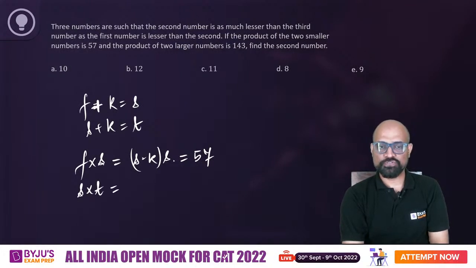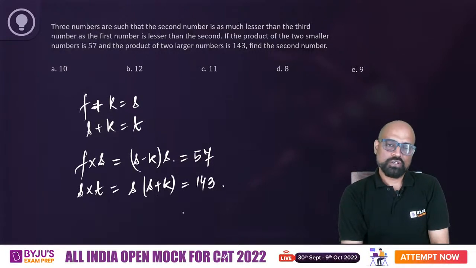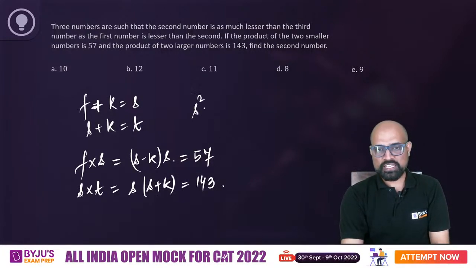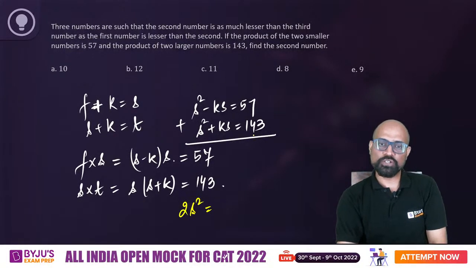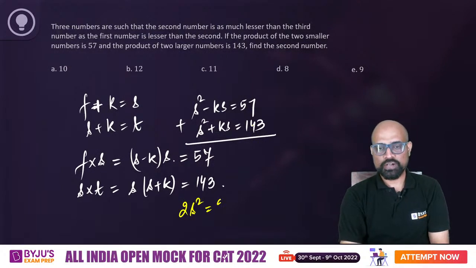And instead of third, I am going to write s plus k. This is equal to 143. So we have two quadratics. One is s square minus ks is 57. And the other is s square plus ks is 143. So let's add them. If we add, ks cancels out, right? So we will have 2s square is equal to 200. So s square is going to be 100 or s is going to be 10.